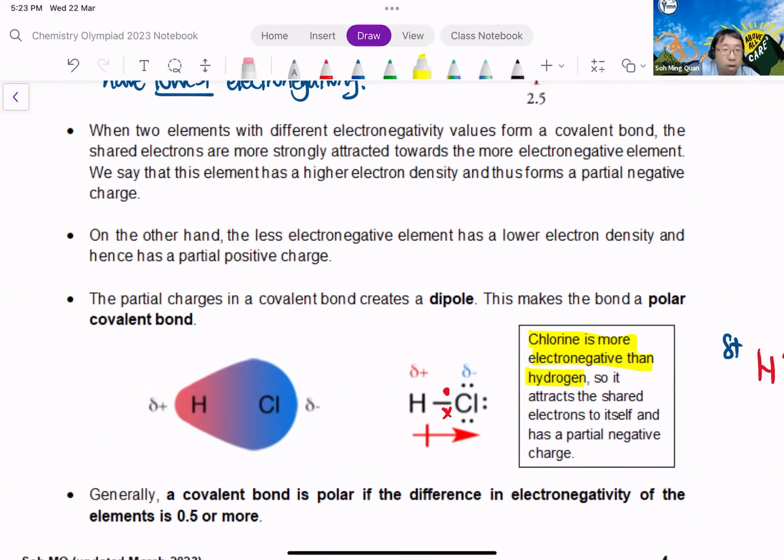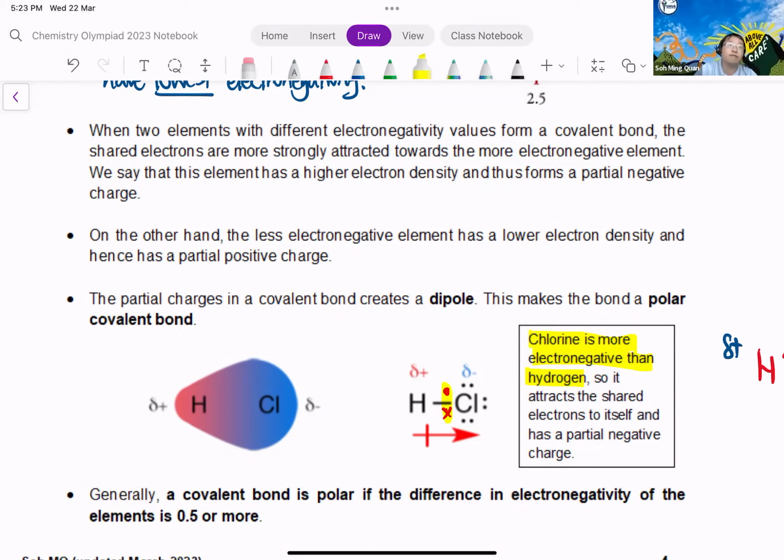Meaning chlorine is more electronegative than hydrogen. So chlorine will attract the shared electrons towards itself. The shared electrons are actually closer to chlorine. It's still being shared, but the sharing is now unequal because the shared electrons are closer to chlorine and further from hydrogen.